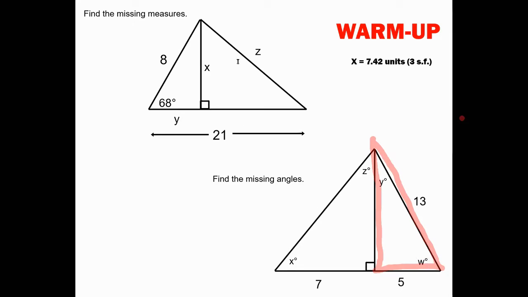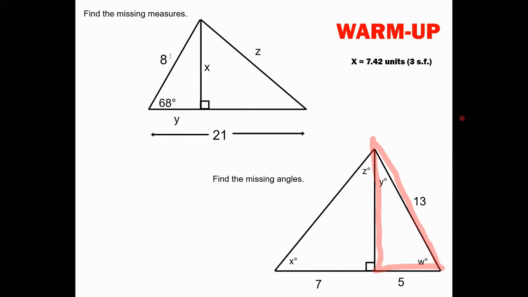I also already have the information that they gave us, which is the 5 and the 13. Well, from angle W, 5 is my adjacent and 13 is my hypotenuse as always.